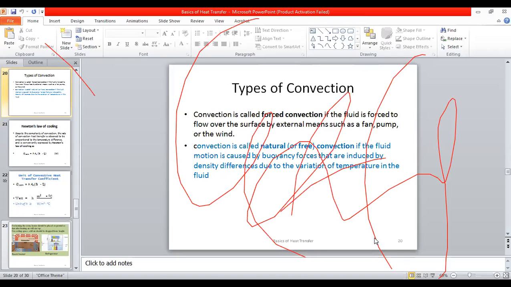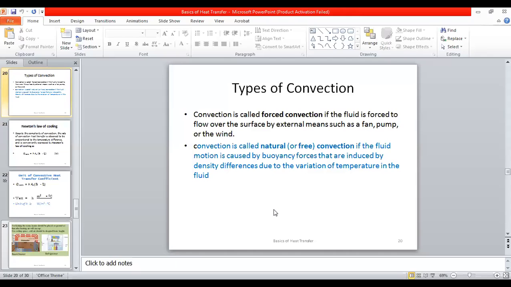Don't play with the screen. Stop share. Don't touch the screen.